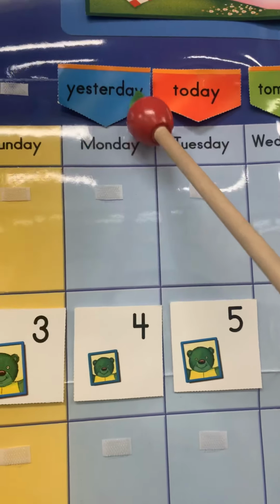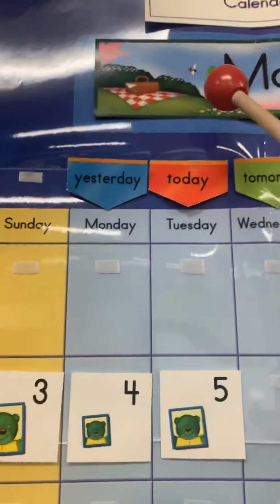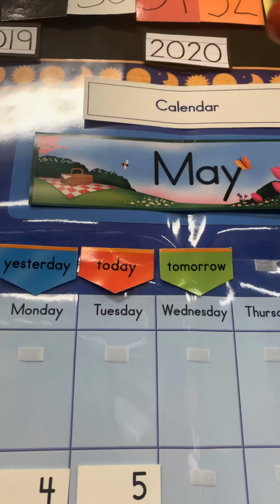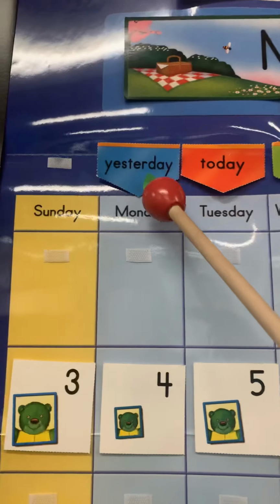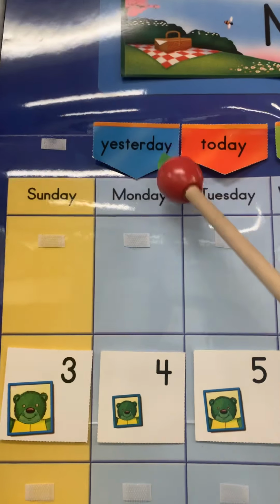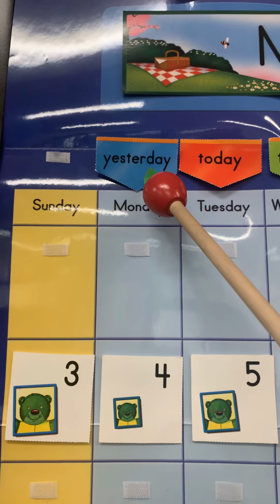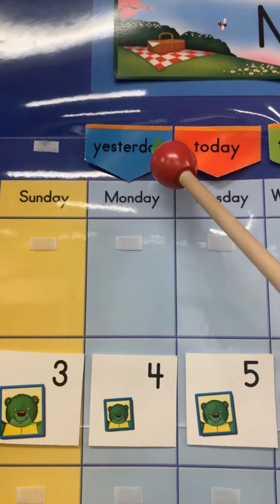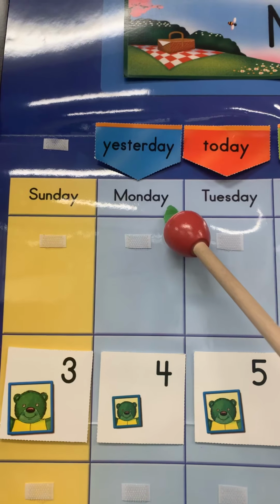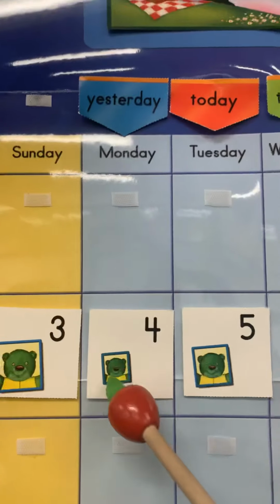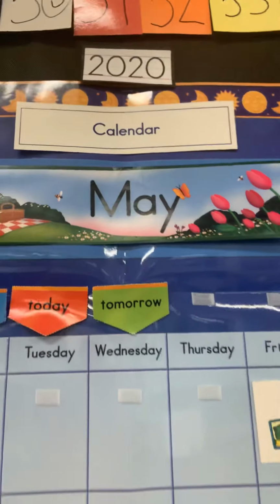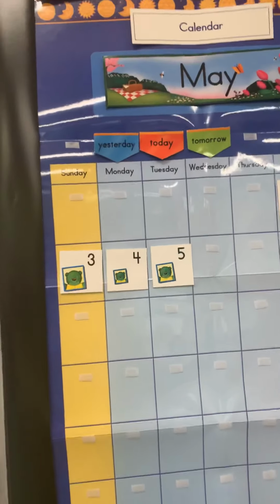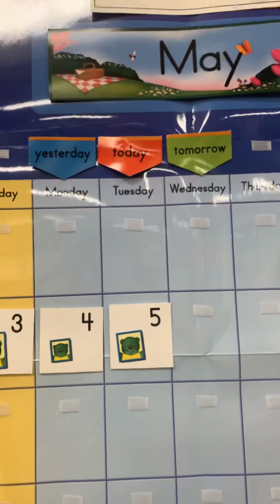So yesterday's date was Monday, May 4th, 2020. Let's say that again. Yesterday was, we say was because it was in the past. It already happened. Yesterday was Monday, May 4th, 2020. Good job, students.